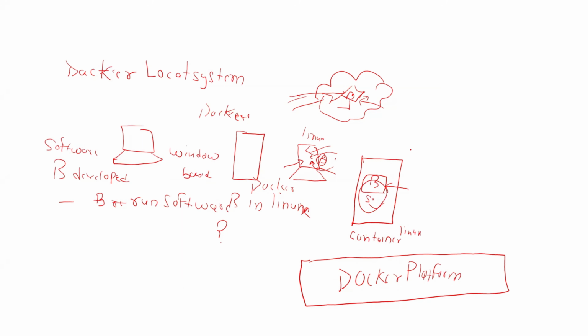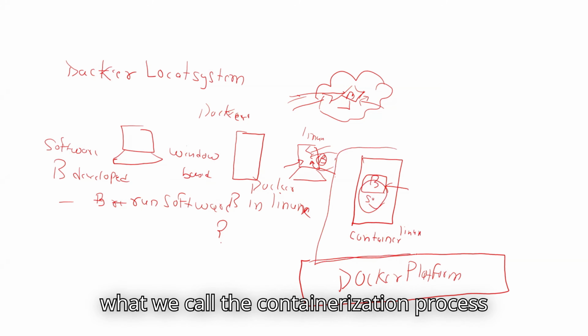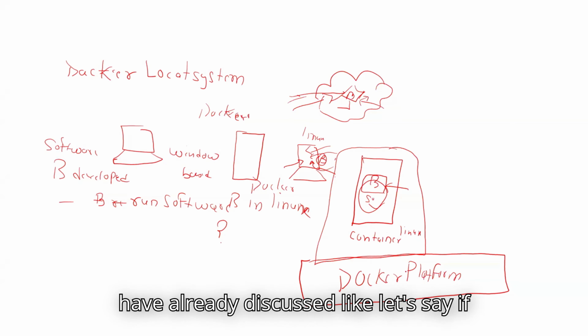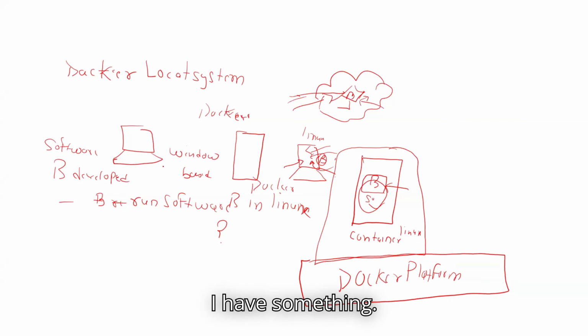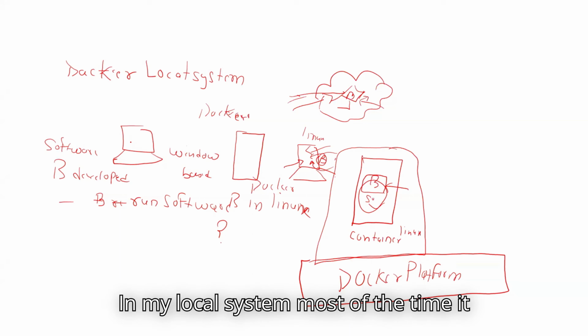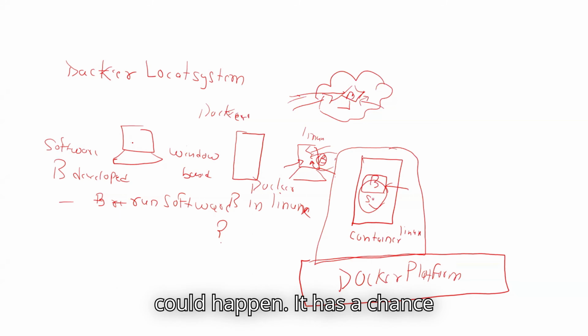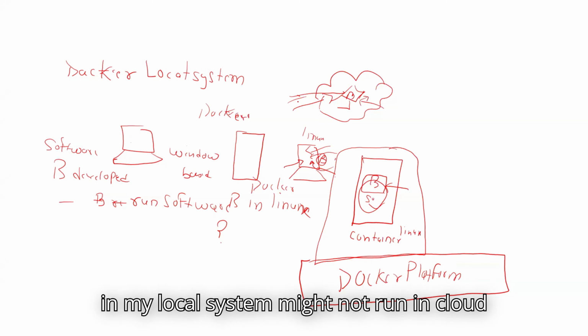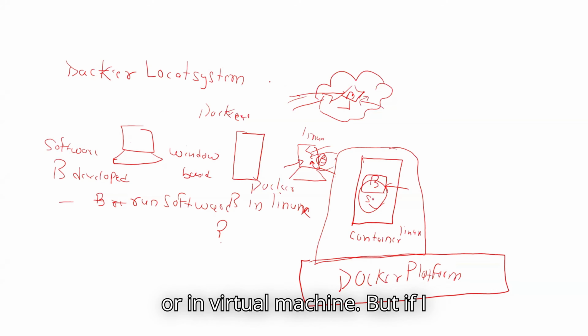So this is what we call the containerization process. As we have already discussed, if I have something in my local system, most of the time it could happen that the application which is running in my local system might not run in the cloud or in a virtual machine.